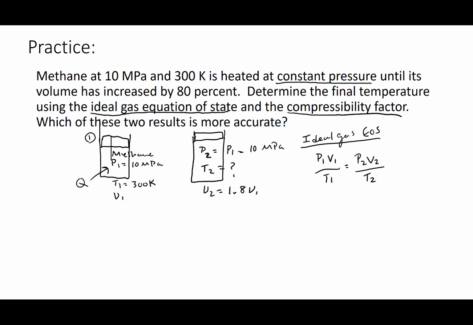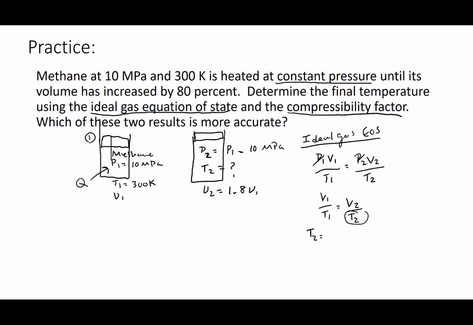Right away we can see that the pressures are going to cancel out because they're the same. P1 is equal to P2, so they cancel out, and we're left with V1 over T1 is equal to V2 over T2. T2 is what we want, so we solve this equation for T2.